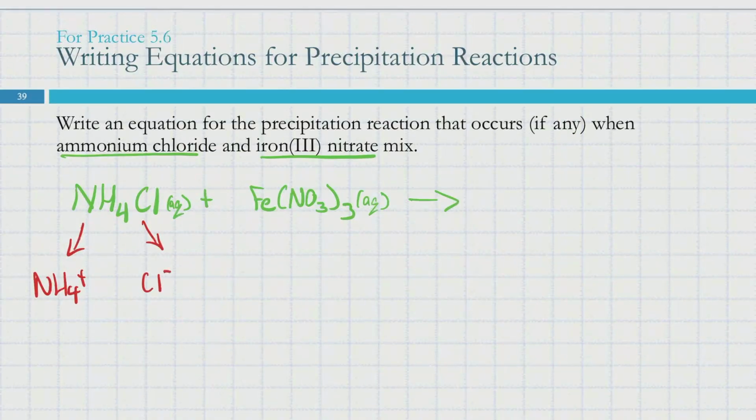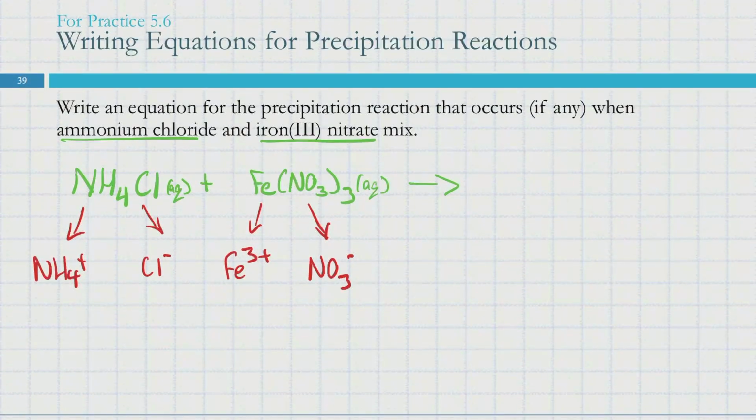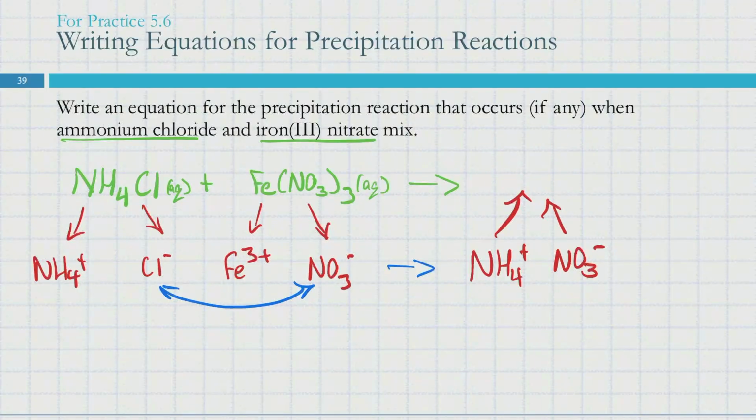NH4+, Cl-, Fe3+, NO3-. And we're going to swap the negatively charged ions and rewrite them. So the pairings that we're going to have is the ammonium, NH4+, will go with the NO3-, and then we can combine that to form one of our possible products.